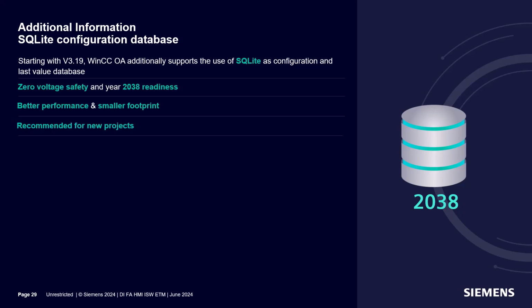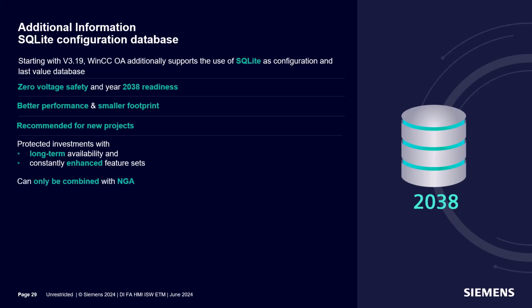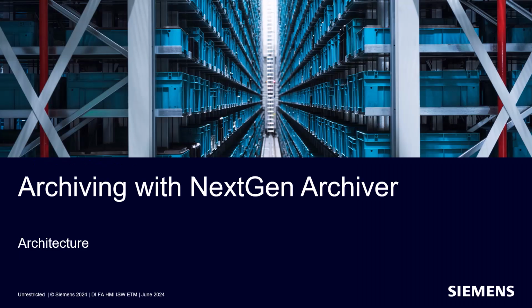It is recommended for new projects with automated import available in version 3.20 and manual import possible since version 3.19. This ensures protected investments with long-term availability and constantly enhanced feature sets. However, there is one restriction to note: SQLite can only be used with NGA.